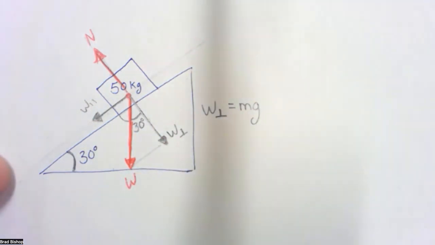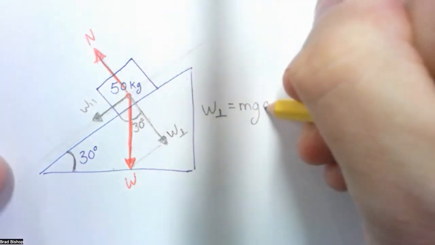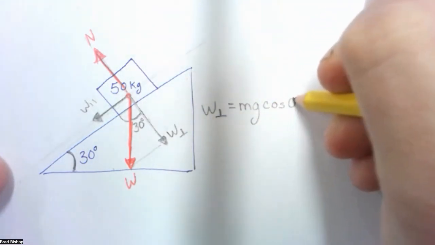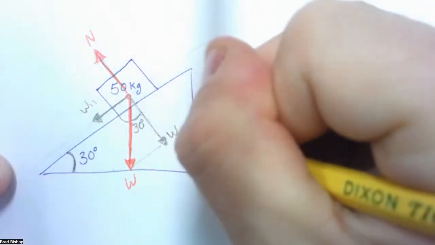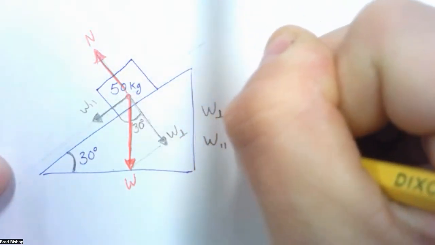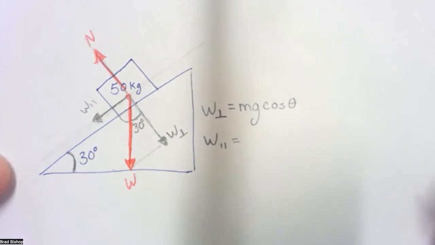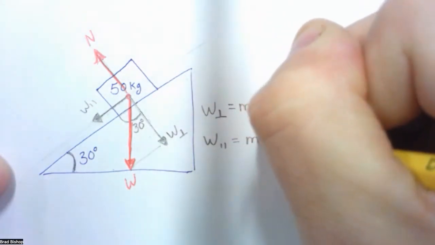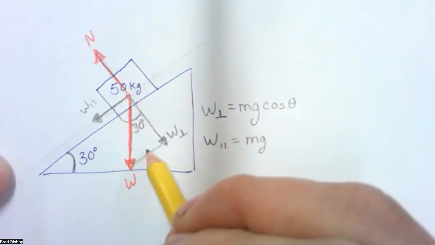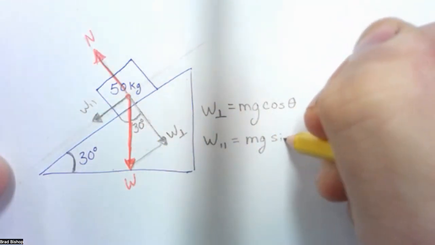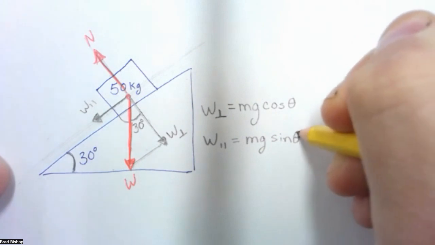So adjacent always uses cosine. Mg cosine theta. The weight parallel is always going to be equal to what? Mg, and this parallel is the opposite side to that angle, so we'll use sine theta.